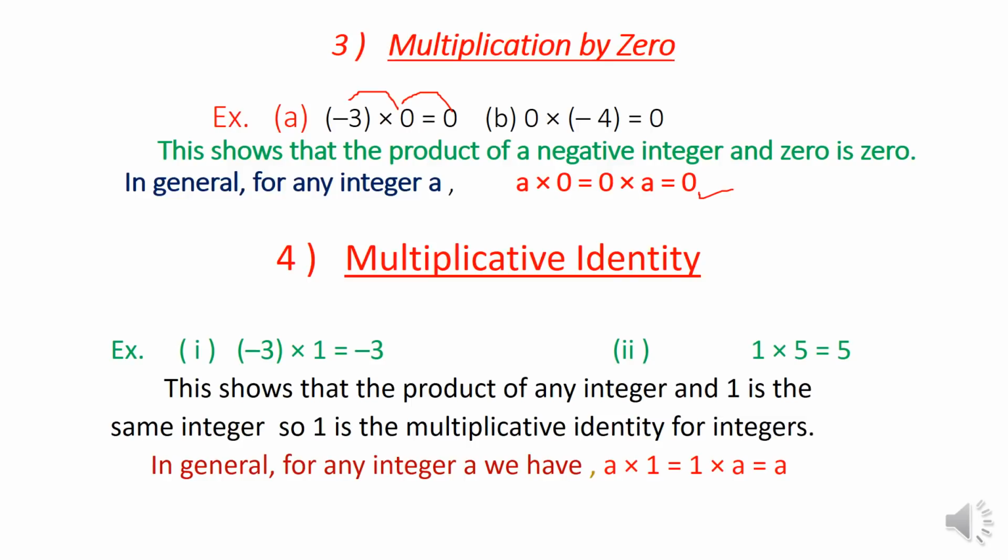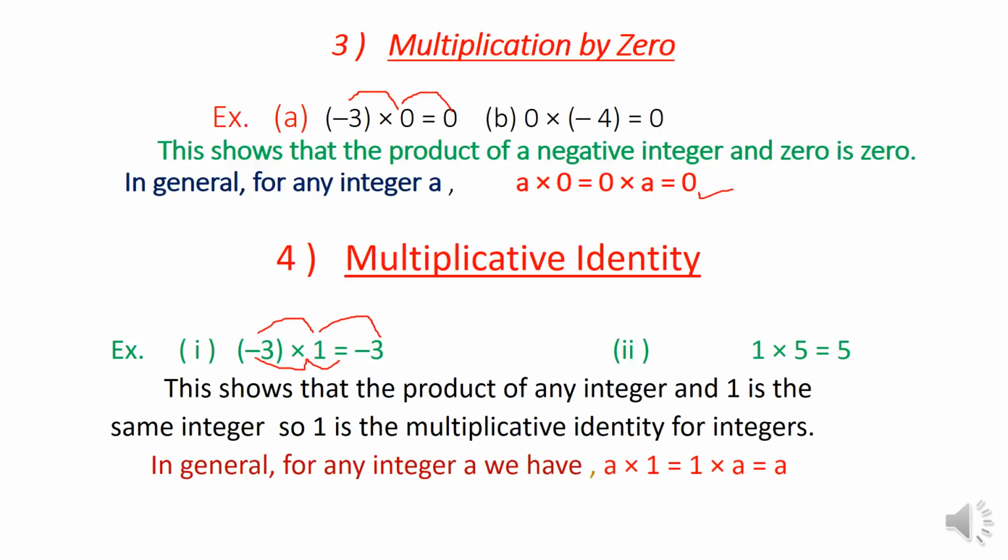Now, consider an example here, minus 3 multiplied by 1. So, 1 multiplied by 3 is 3 and minus multiplied by plus gives you again minus. So, here you are getting the same integer, minus 3. Similarly, 1 multiplied by 5, again you are getting the same integer 5.